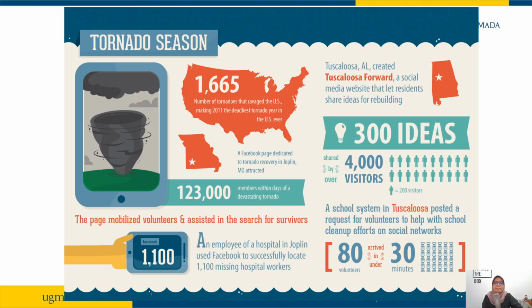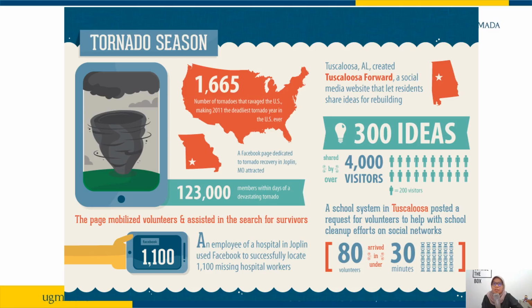At that time, a Facebook page was dedicated to tornado recovery in Joplin, and there were more than 100,000 members within days of the devastating tornado. This page was used for mobilizing volunteers and also assisting in the search for survivors.